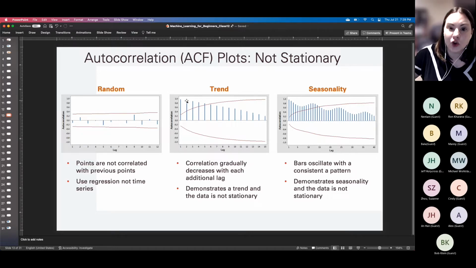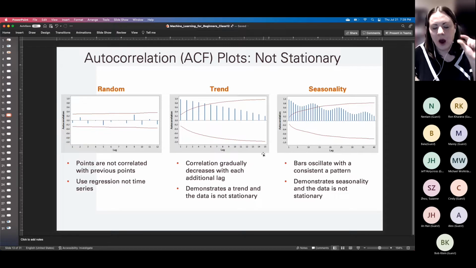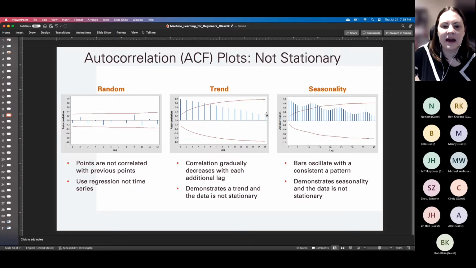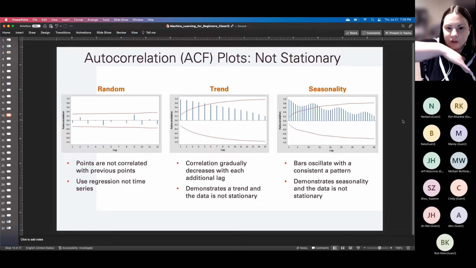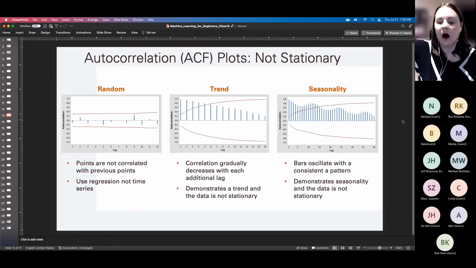Shown here is a trend. In general, you're going to see in an autocorrelation plot the bars go down only slightly, very slowly over time. You can see that here, and that shows that there's a trend in your data. Seasonality looks a little bit different. In general, the bars oscillate, so they move up and down, and you see a seasonal oscillation.